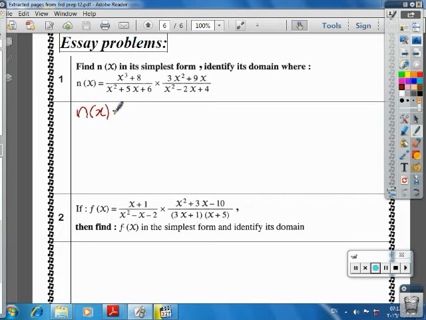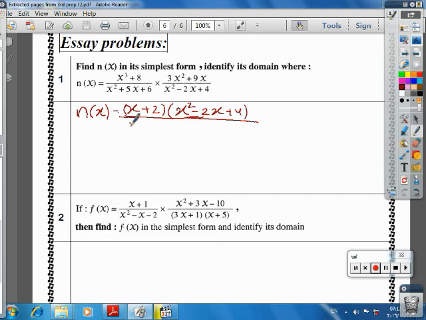n(x) equals, to factorize the numerator in the first fraction, x power 3 plus 8: the first bracket is x plus 2 and the second bracket, with the negative sign, is x power 2 minus 2x plus 4, where 4 equals 2 power 2.